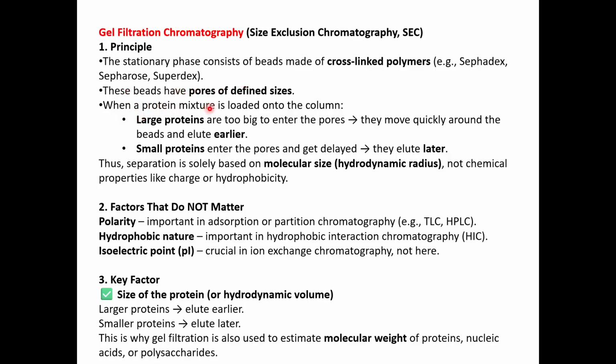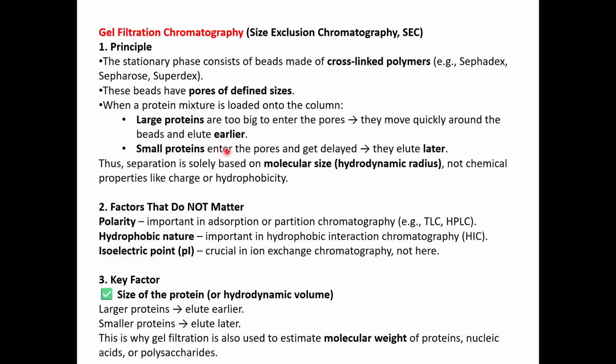When a protein mixture is loaded onto the column, large proteins are too big to enter the pores. So they go through the gaps and just pass through the column. They move quickly around the beads and elute earlier, that is, they elute first.